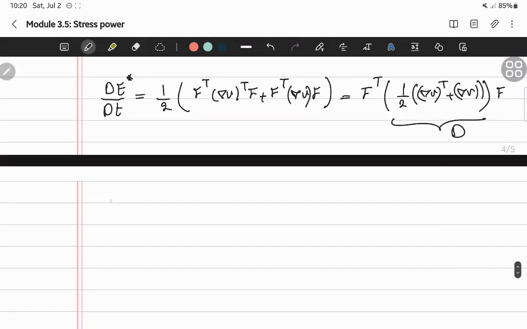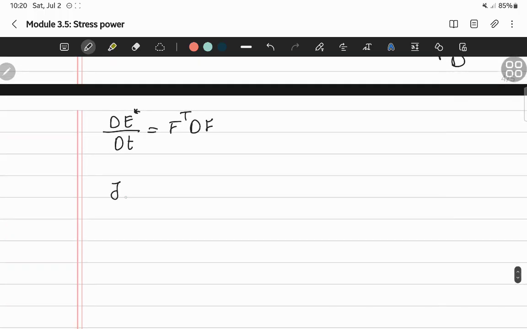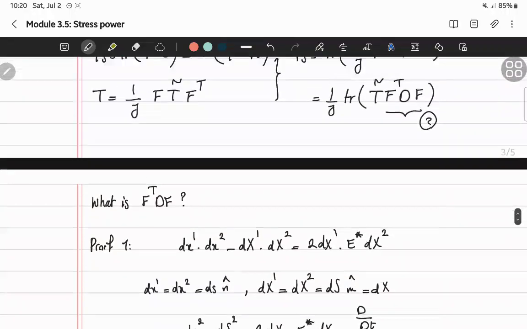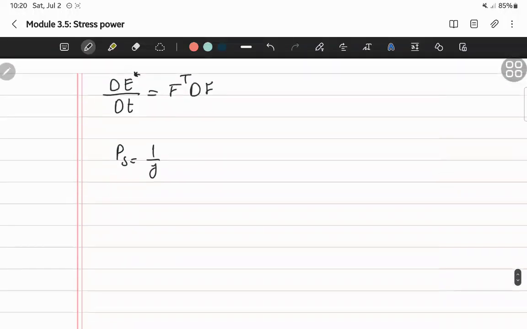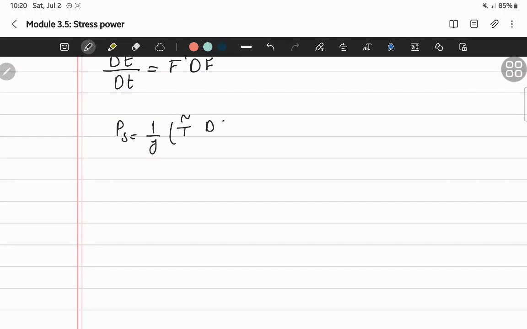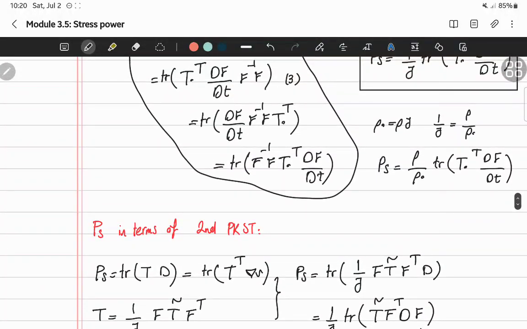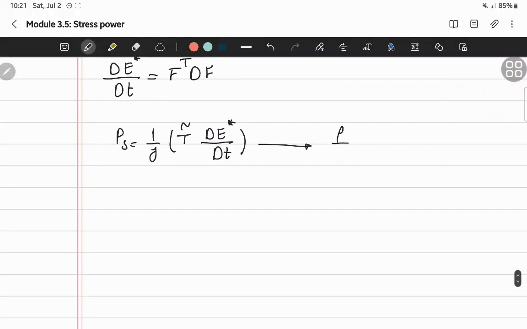So d e star dt becomes f transpose D f. And since, if I remember, let me see, J was rho over rho 0, so 1 divided by J is equal to rho divided by rho 0.